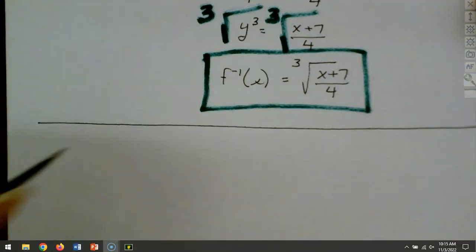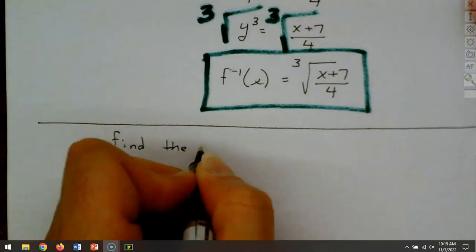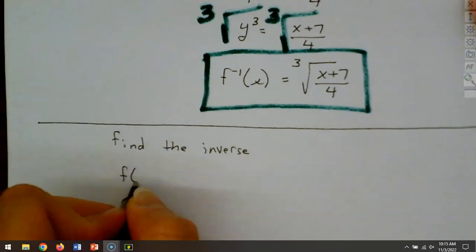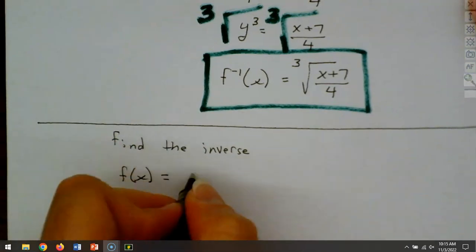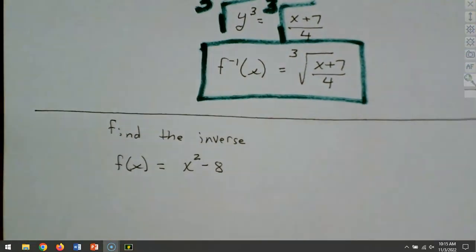Now let's try another one. Okay, so f of x equals x squared minus 8.